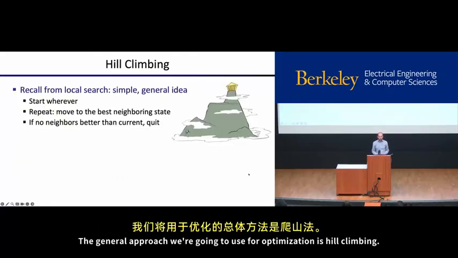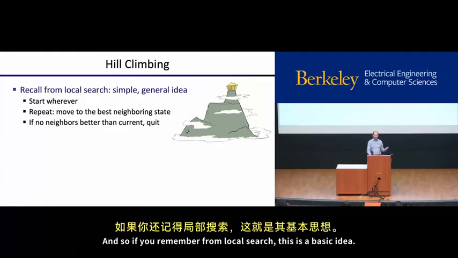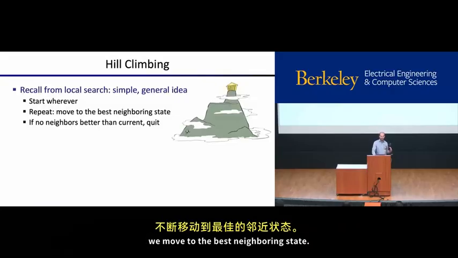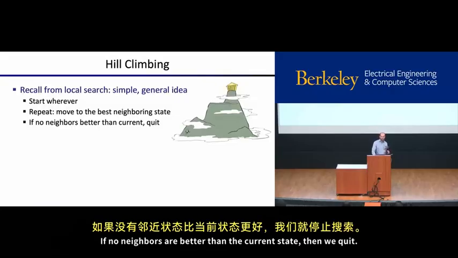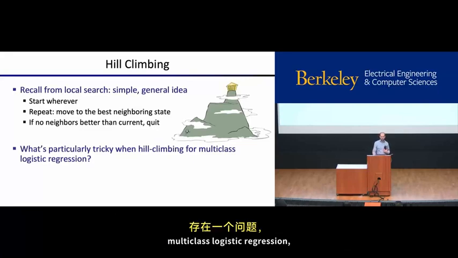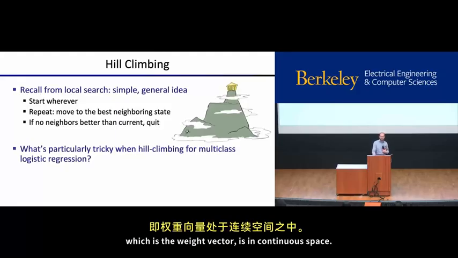The general approach we're going to use for optimization is hill climbing. If you remember from local search, this is a basic idea. We start wherever we start, could be randomly, and then repeatedly we move to the best neighboring state. If no neighbors are better than the current state, then we quit. But there's an issue when we're doing hill climbing for logistic regression or multi-class logistic regression, which is the weight vector is in continuous space.